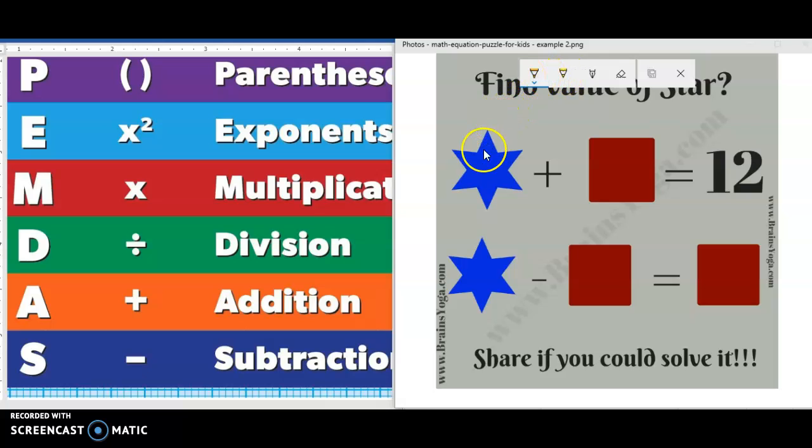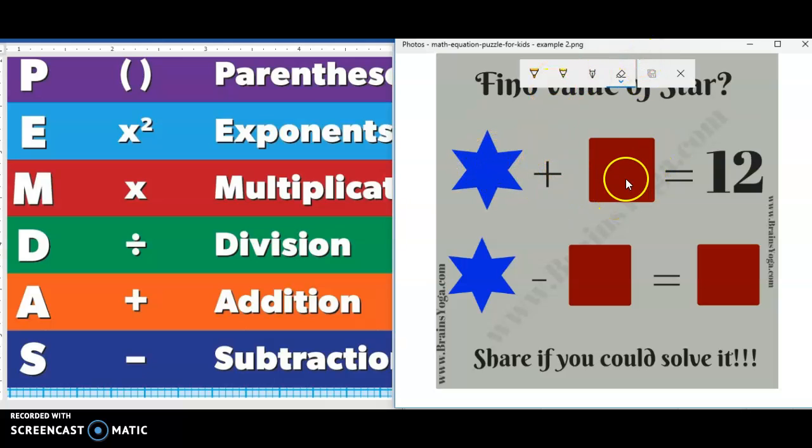So I've got to figure out, I know that 7 plus 5 is 12. So then 7 minus 5 equals 5. Well, if that's not true, then I'm going to try again.